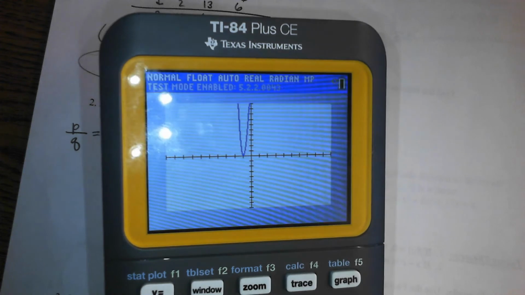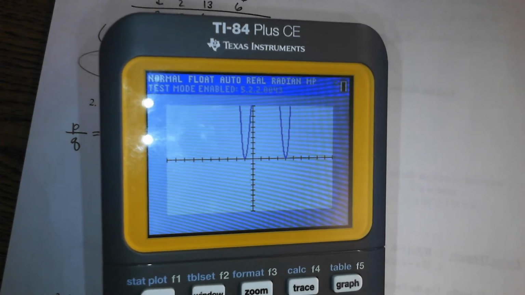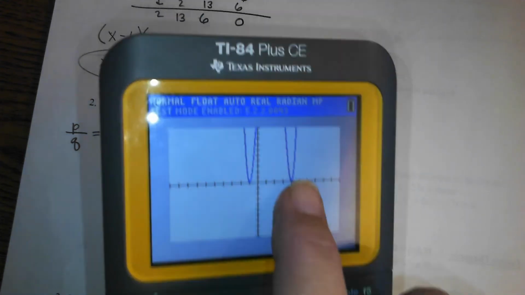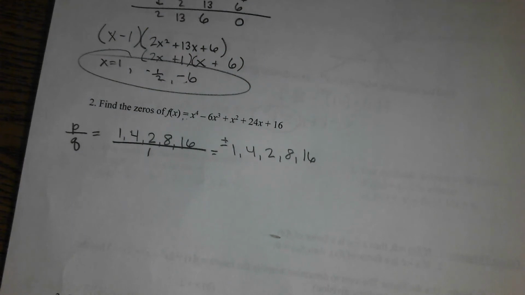Good? So what is that root? -1. There's another one over here, but we'll just start with -1. So synthetically divide out -1.